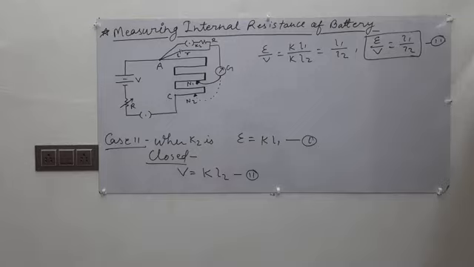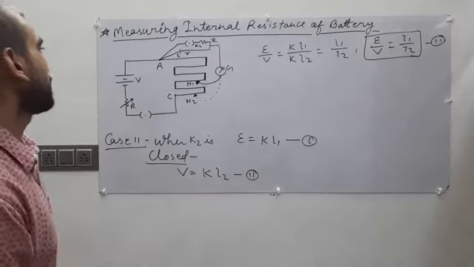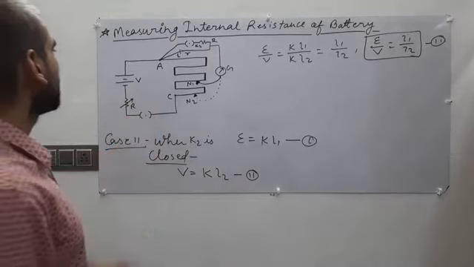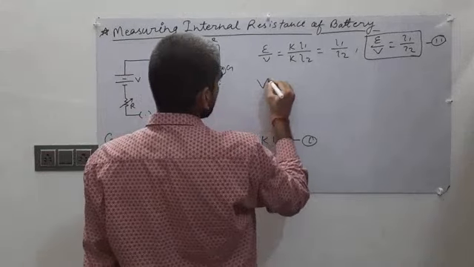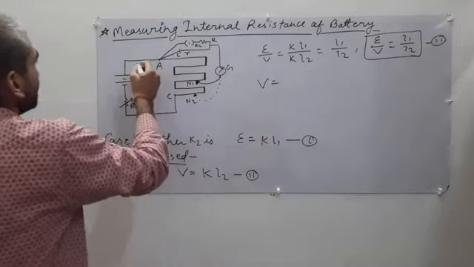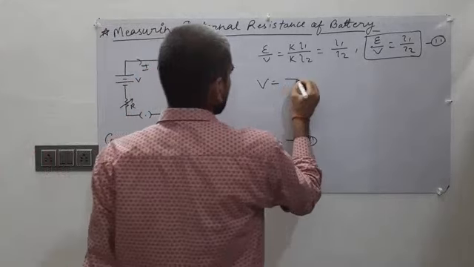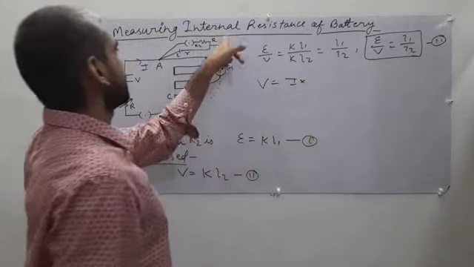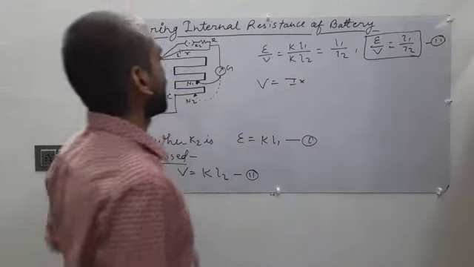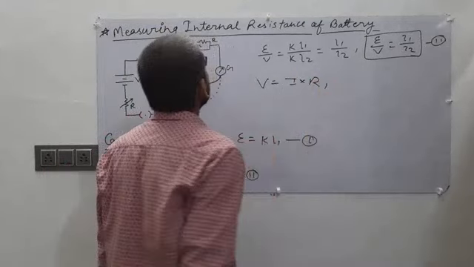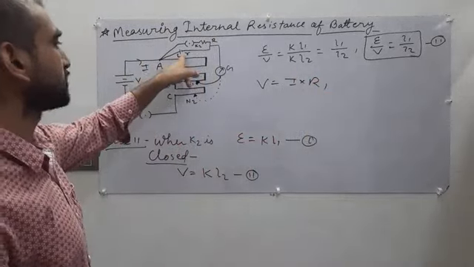Now, if you see in this circuit, you can find that V equals the current I flowing from this battery into the resistance of this circuit R. And what is the value of small e?